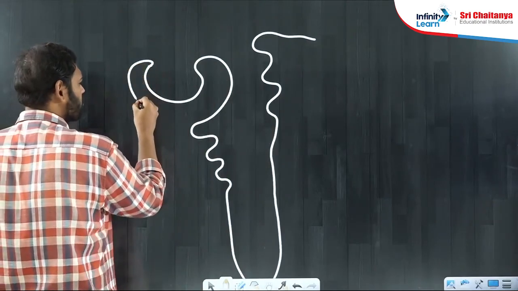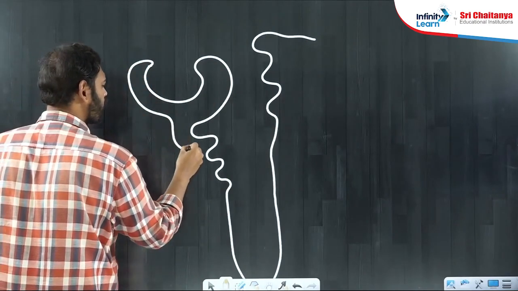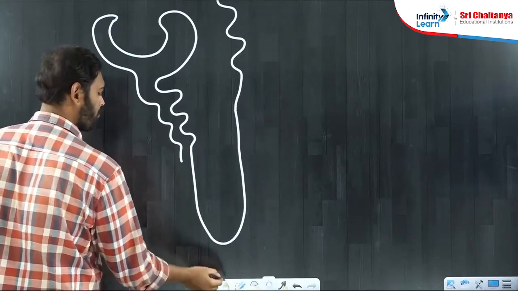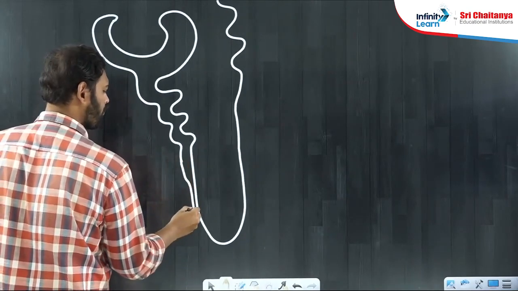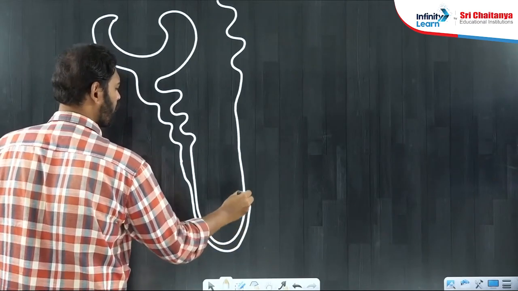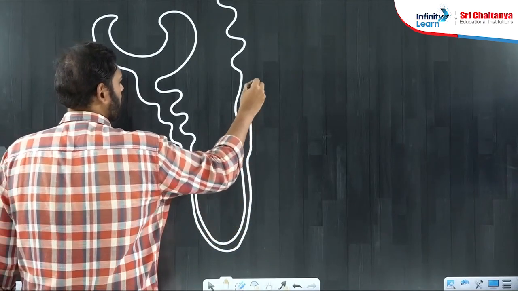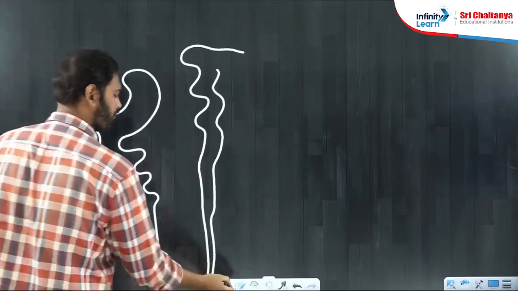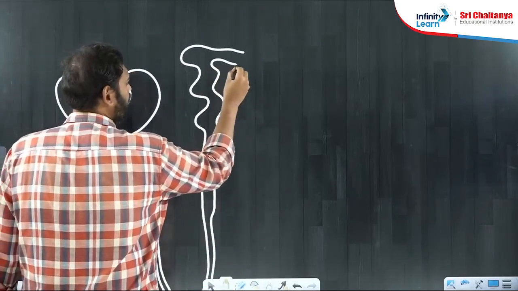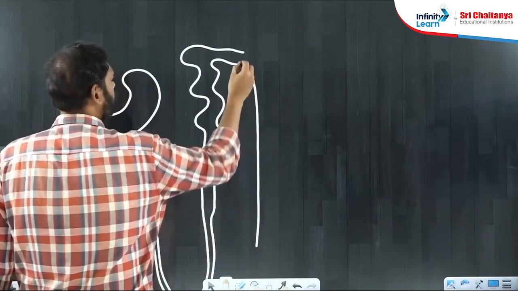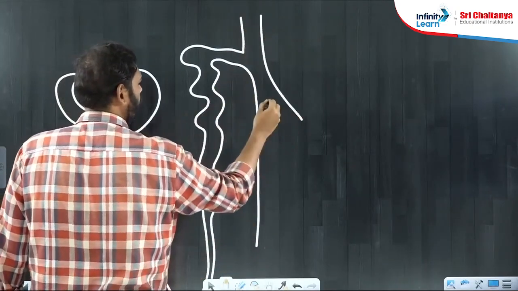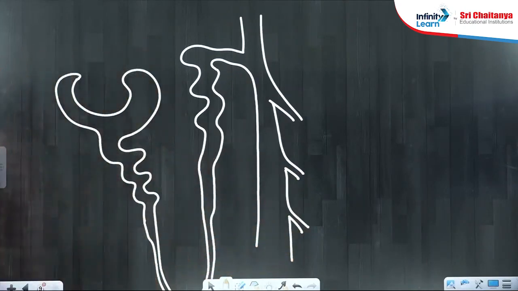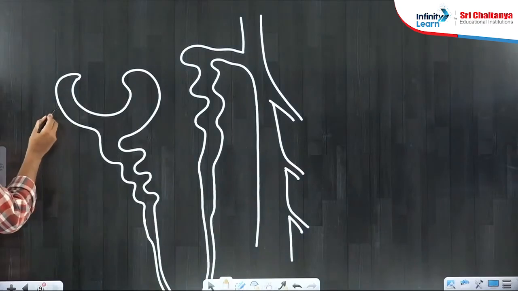This cup-like structure was referred as Bowman's capsule. So this is Bowman's capsule.